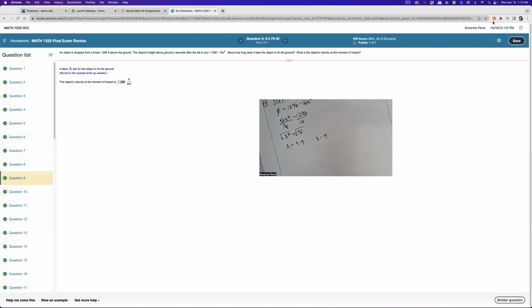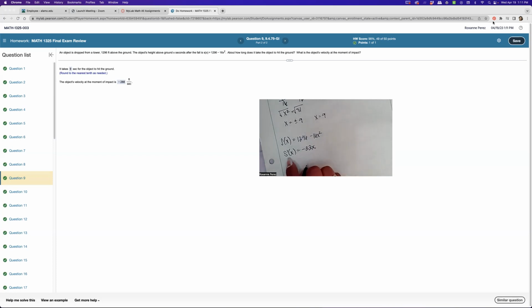Okay, now part B, what is the object's velocity at the moment of impact? Now you guys have already learned how to take the first derivative. So the velocity is the first derivative of your s of x function. So 1296 minus 16x squared. Find the first derivative. That's going to go to 0, it's constant. So you're going to have negative 32x.